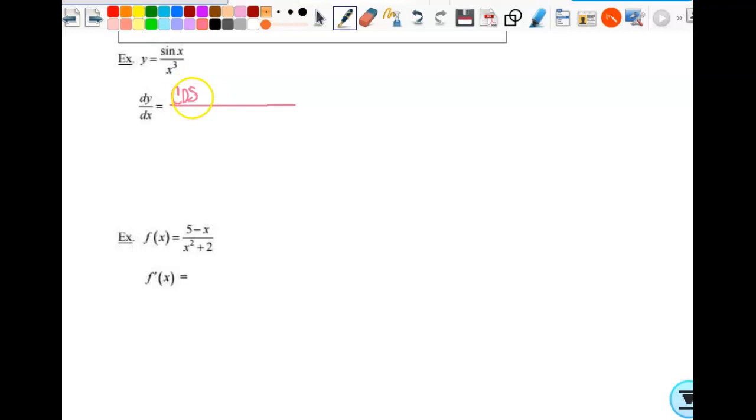So I have cosine x times the bottom, which is x cubed, minus the top, which is sine x, times the derivative of the bottom, which is what? 3x squared. All over x cubed squared.